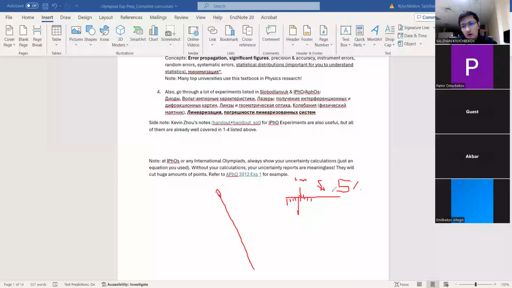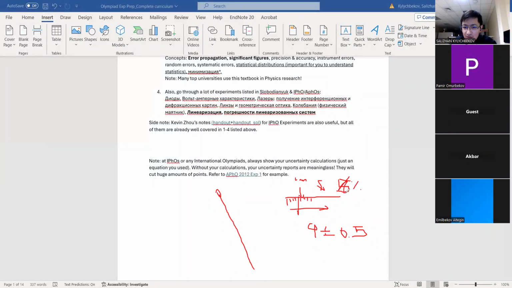And imagine the length that you are measuring is 9 millimeters. So 9 plus minus the smallest reading divided by 2, which in the analog ones is 0.5. So this is actually 5%. So it's slightly above 5%.